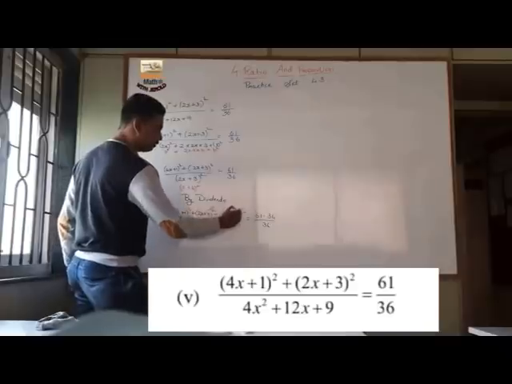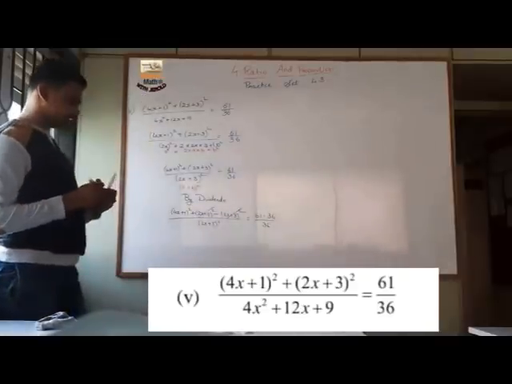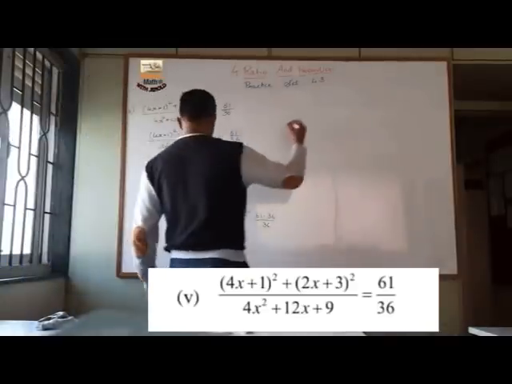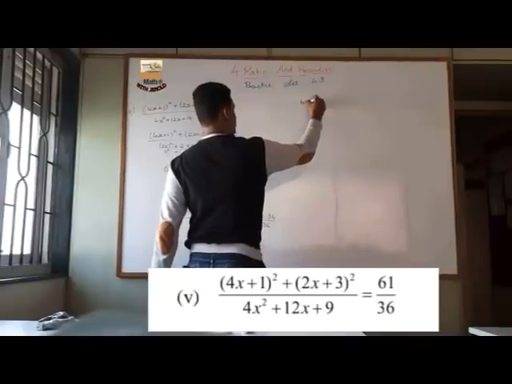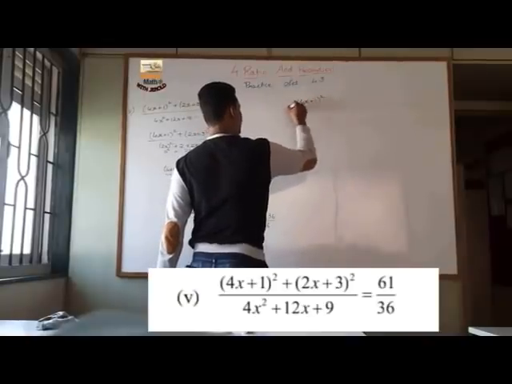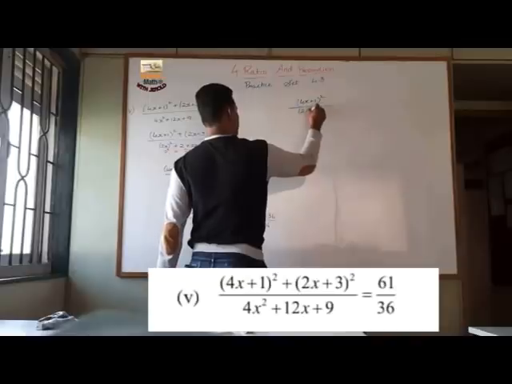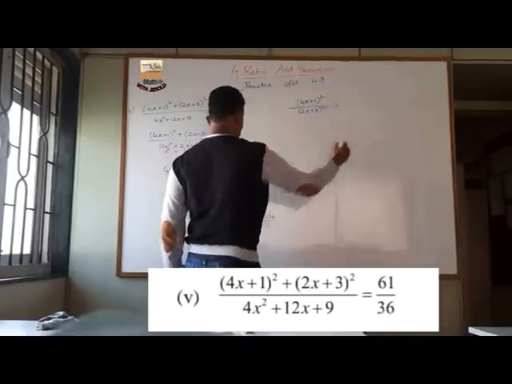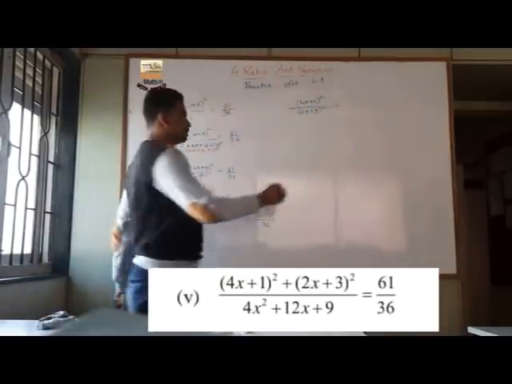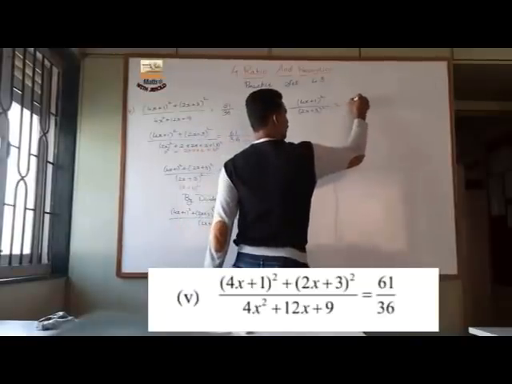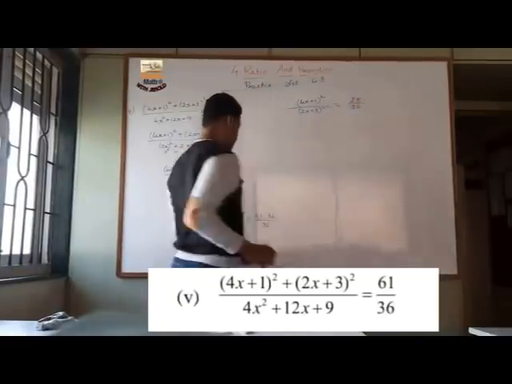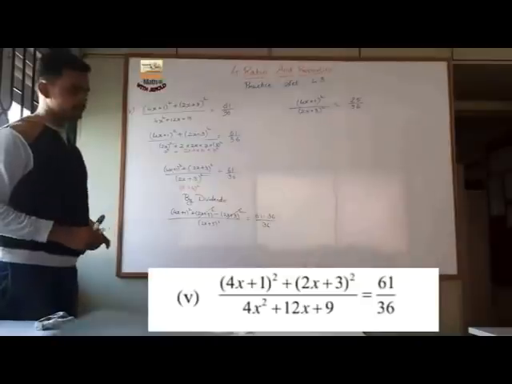2x plus 3 squared minus 2x plus 3 squared gets cancelled, and I am left with the numbers (4x plus 1) squared divided by (2x plus 3) squared is equal to 61 minus 36, which is 25, upon the denominator, which is the same, that is 36.